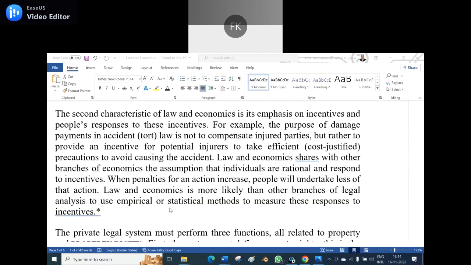Not probably, never. What is life without testicles? Nothing. So I am giving you this example. When penalties for an action increase, people will undertake less of that action. They won't even dream of the rape in a dream.